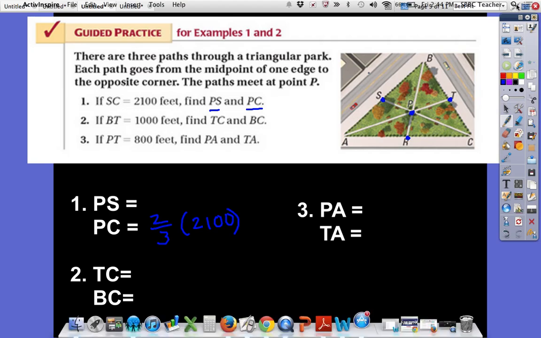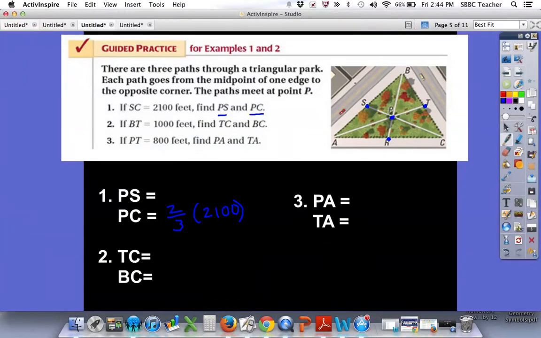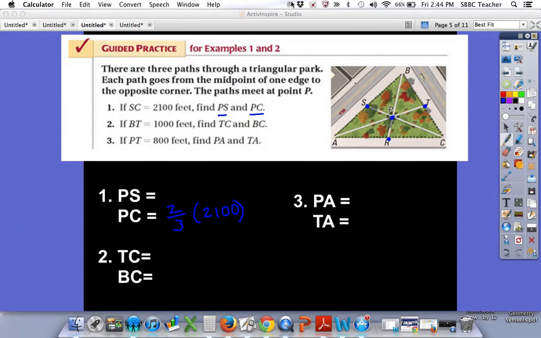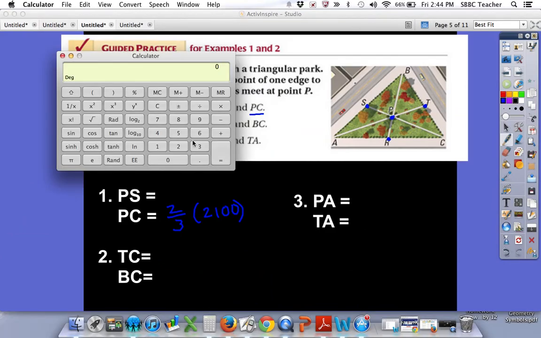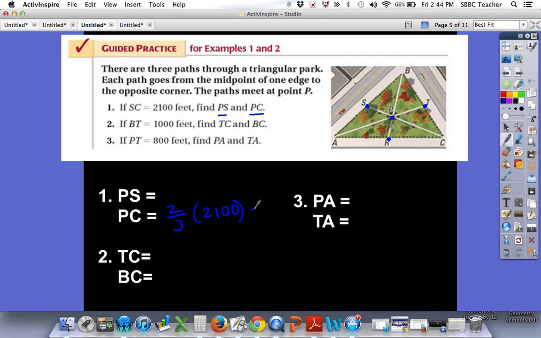What I did in the calculator was 2,100 times 2 and then divided by 3. And that gave us 1,400.